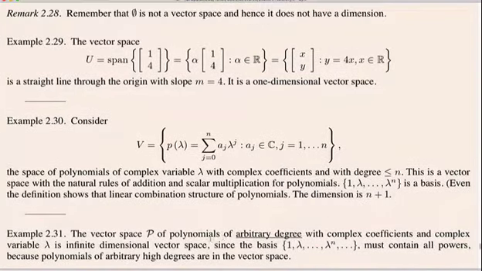We can modify this, the set of polynomials or the vector space of polynomials. So instead of saying that the degree is less than or equal to n, let's say that any degree polynomial can be put into this set P. So polynomials of arbitrary degree, with complex coefficients and complex variable lambda. It's an infinite dimensional vector space, since if you start writing down the basis, 1, lambda, lambda squared, it never stops because it's supposed to contain all the powers.